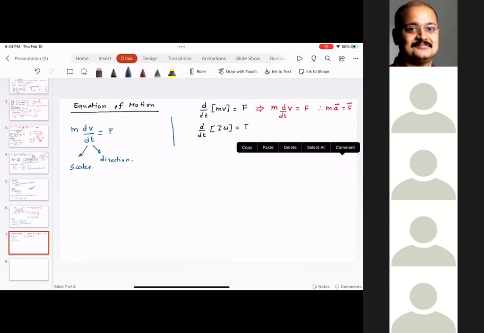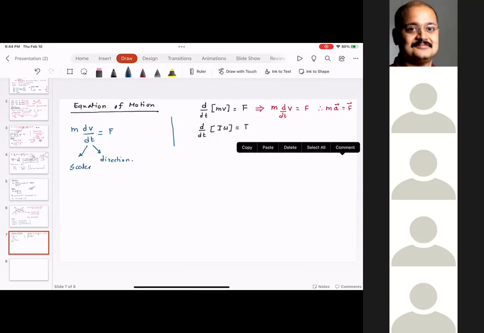But what you have studied so far is that this dv by dt, or this v, is always expressed in the inertial coordinates. And in inertial coordinates, direction does not change because it's a fixed coordinate system. That's why dv by dt is approximated as a. You agree with me?